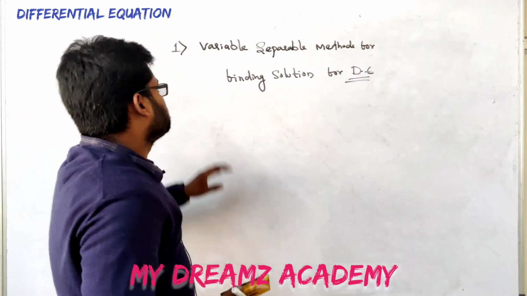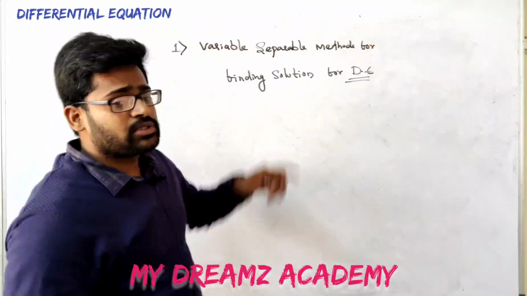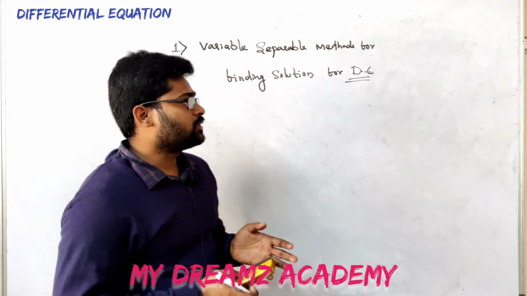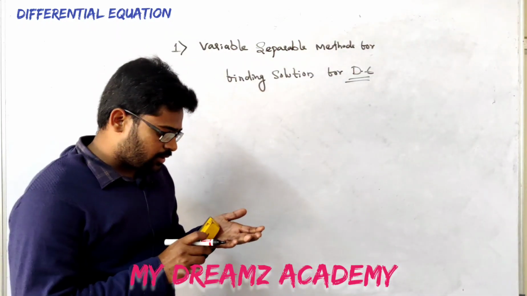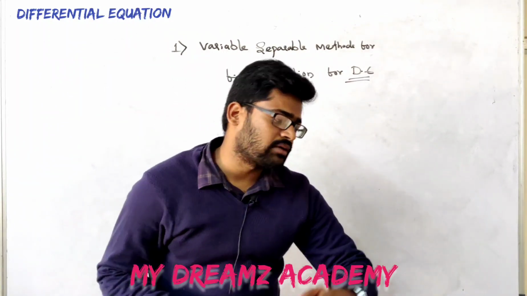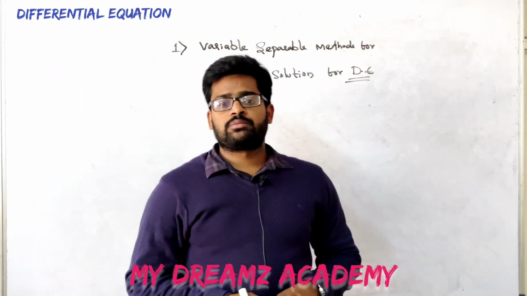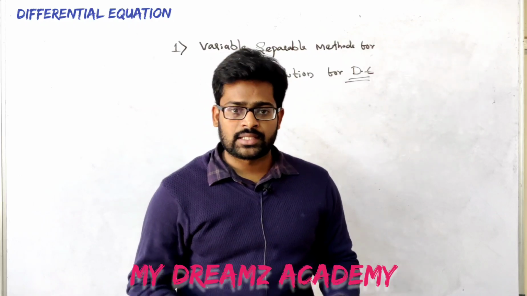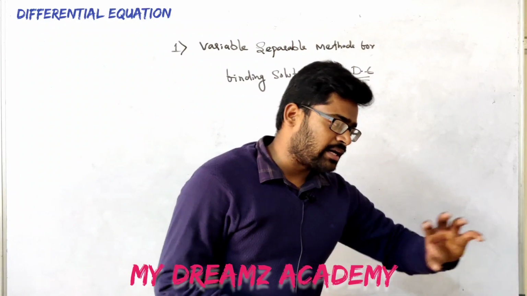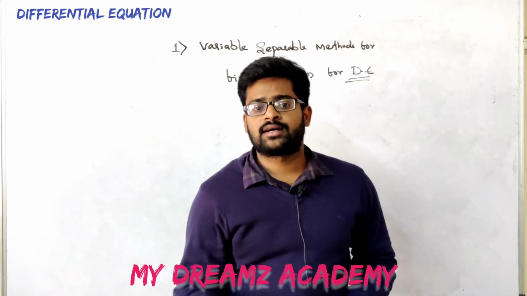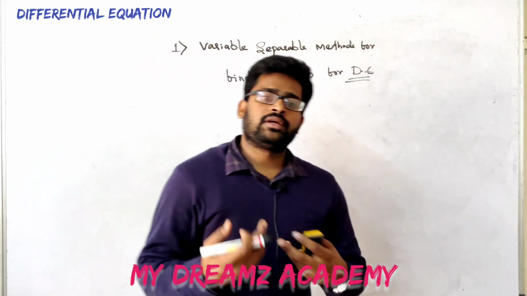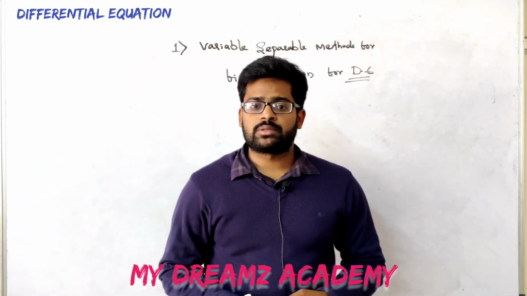The condition to apply the variable separable method is that we should see whether the given first order, first degree differential equation is possible to convert into variable separable form. That is, whether you are able to separate the y variables on one side and the x variables on the other side. Then only is it possible to apply the variable separable method.